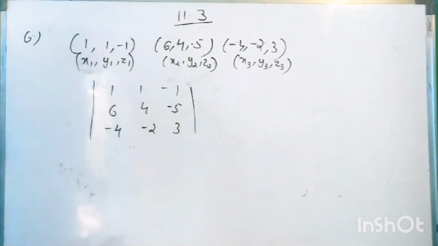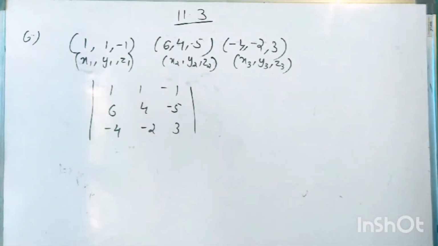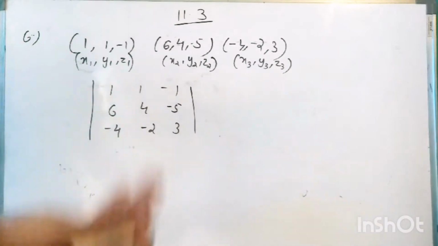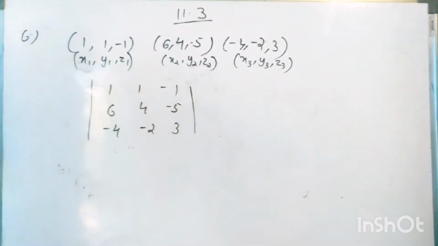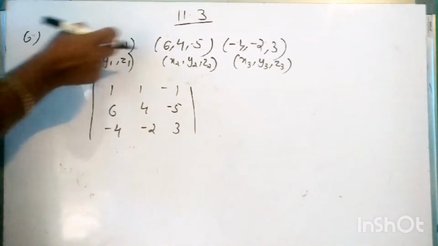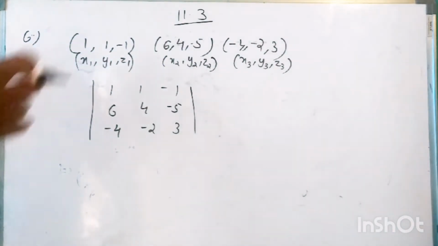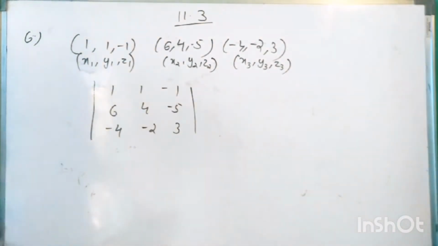If this determinant equals 0, then these 3 points are collinear and we can't find the equation of the plane. If this determinant is not equal to 0, then these 3 points are non-collinear.